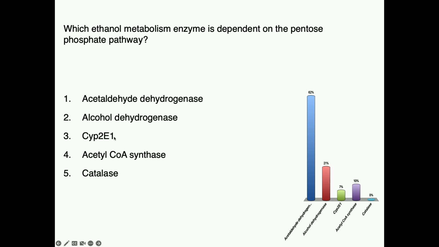It's still making the same product, acetaldehyde, but it's using oxygen as an electron acceptor. So this is actually consuming NADPH reducing power. Alcohol dehydrogenase and acetaldehyde dehydrogenase reduce NAD plus to NADH. CYP2E1 is oxidizing NADPH to NADP plus.